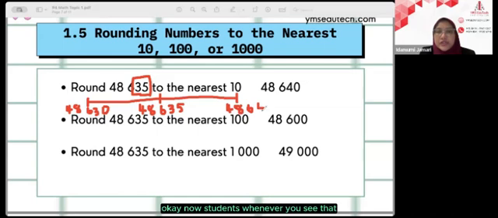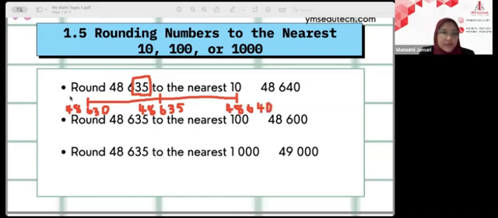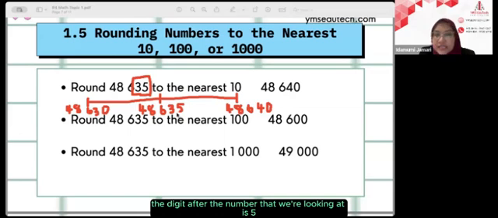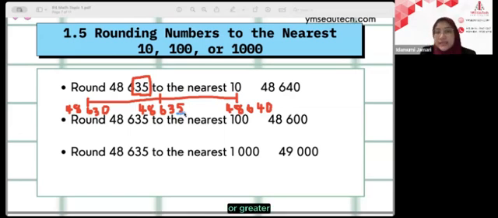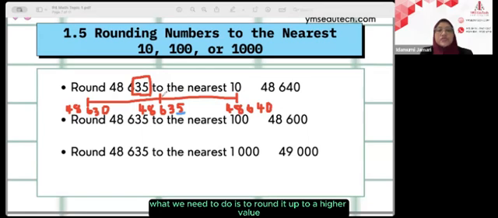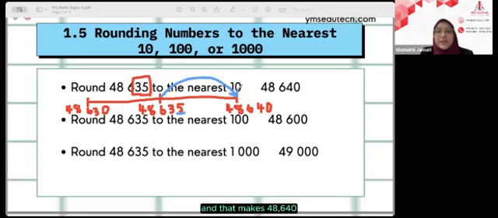Okay, now students, whenever you see that the digit after the number that we're looking at is 5 or greater, what we need to do is to round it up to a higher value, and that makes 48,640.